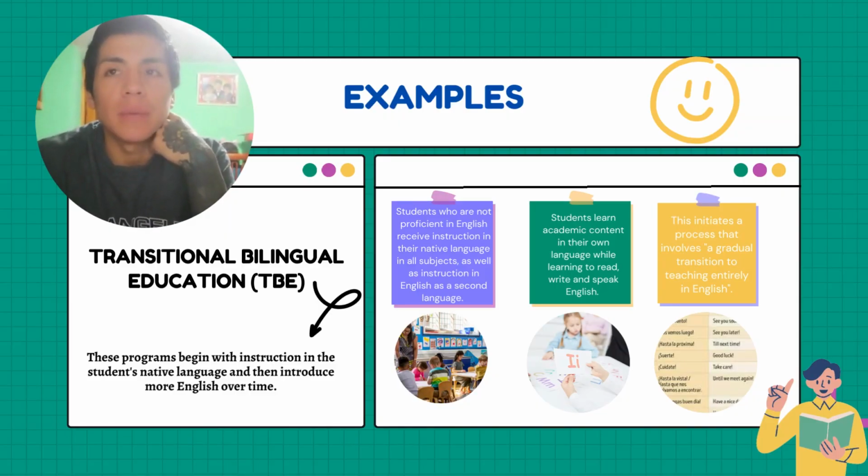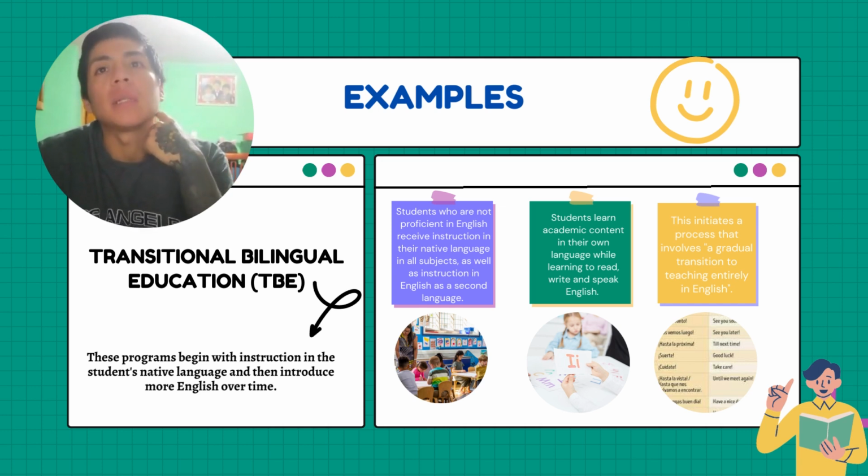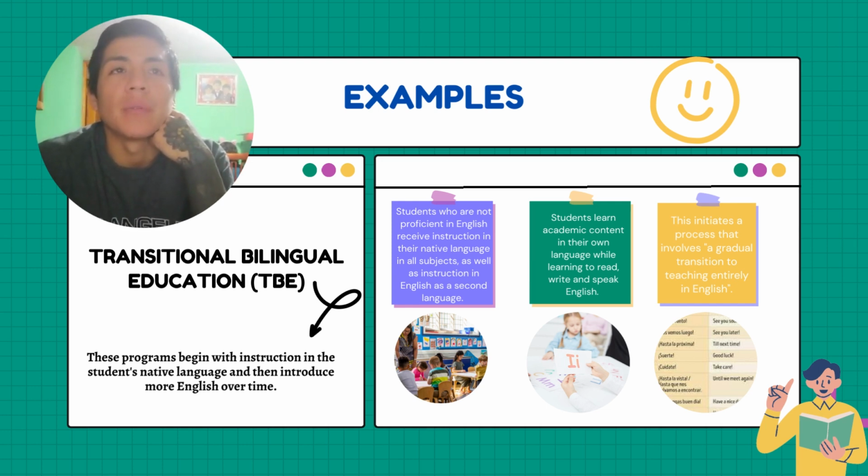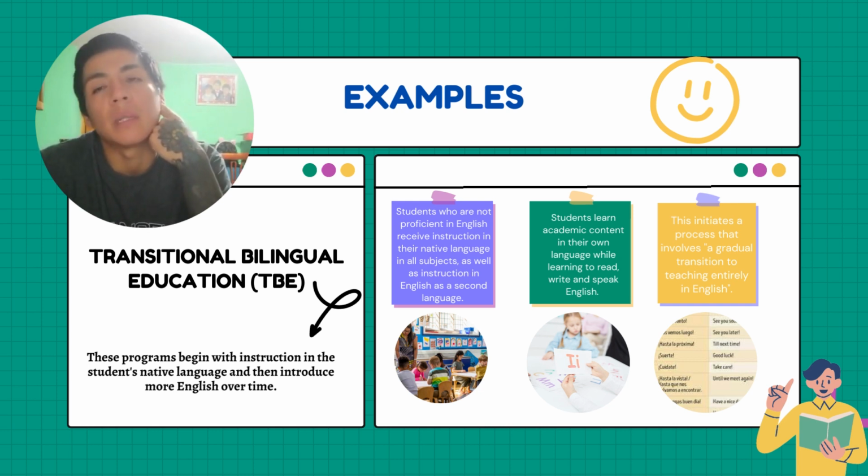An example of a bilingual program is transitional bilingual education, in which a student is taught in their native language for a period of time before transitioning to teaching in the second language. The program is designed for English language learners who are not yet expert in English.